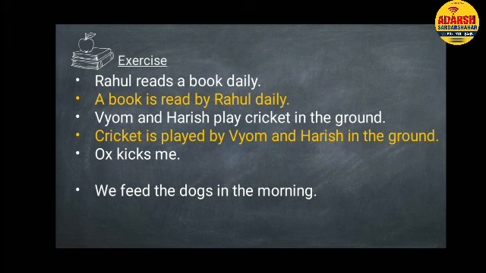Here it is opposite. Our object is a pronoun, so it is in its objective form. So here if we are putting it in the place of subject, then we need to convert its objective form to its subjective form. So subjective form of me is I. Okay, and others are the same. So, passive is: I am kicked by ox.